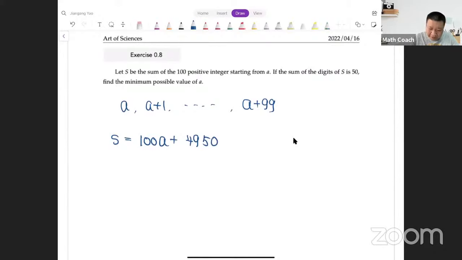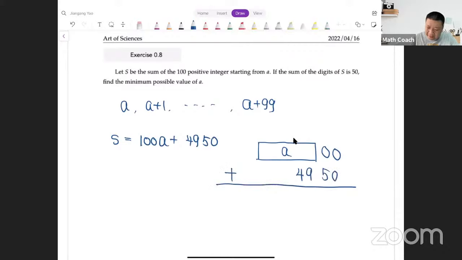So if we draw a column form, there's a big number, whatever A is, and then 0, 0, and then you add 4,950, and you get S. It means no matter what, the last 2 digits have to be 5 and 0, and the sum of digits of S is 50. So in order to make A as small as possible, or S as small as possible, we have to make each digit as big as possible so that we have fewer digits. And then that means the whole number is small, right?